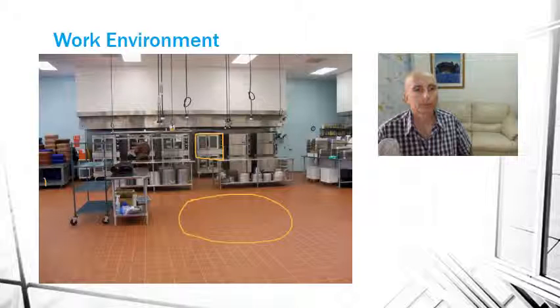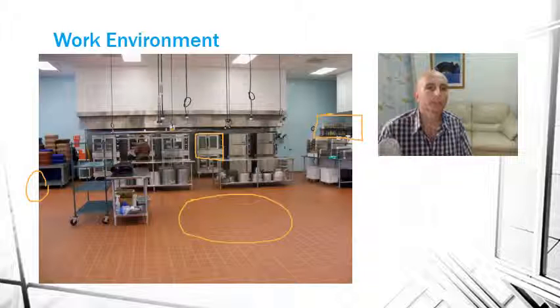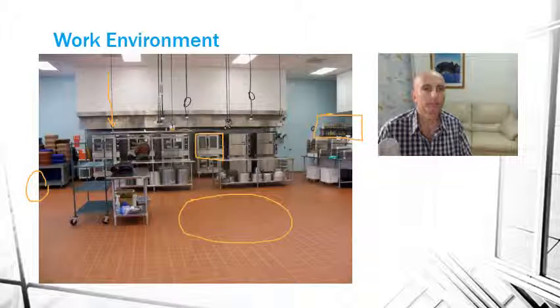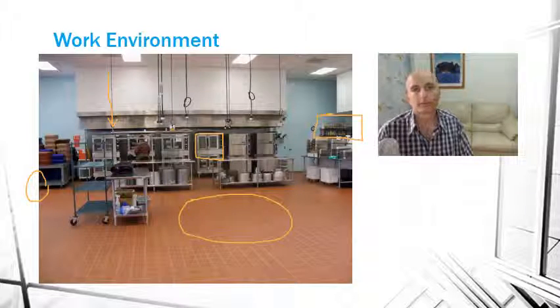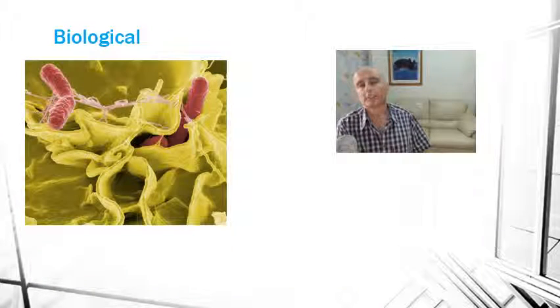Chemicals, the chemicals are actually stored over here. You'll notice some of the dry stores are here, and right behind us is where the cool room is. And you'll notice also in this environment that the electricity comes down from the floor, and all of these ovens are run by gas.